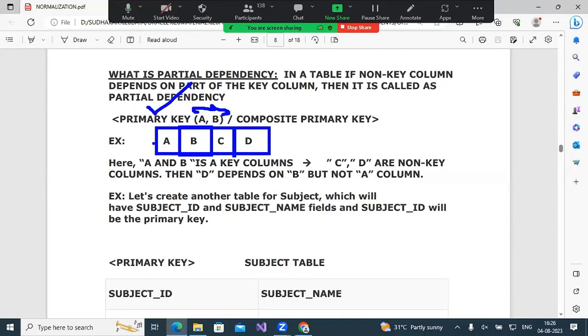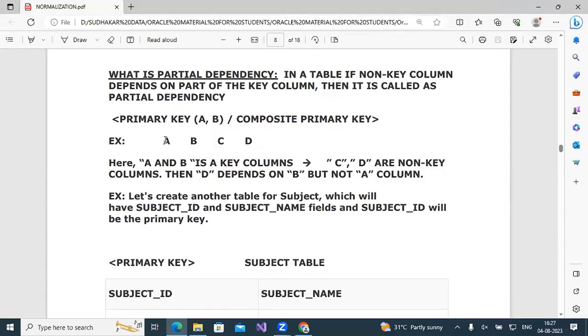And we already discussed in constraints, when we apply a primary key on a combination of multiple columns, that type of constraint is called a composite constraint, otherwise a table level constraint. So now here, A comma B are both primary key columns. C comma D are both non-primary key columns.